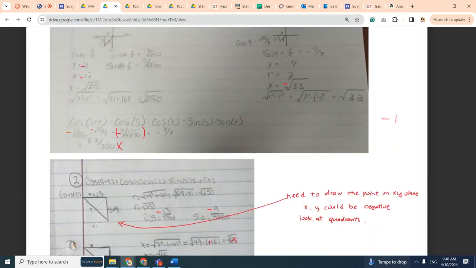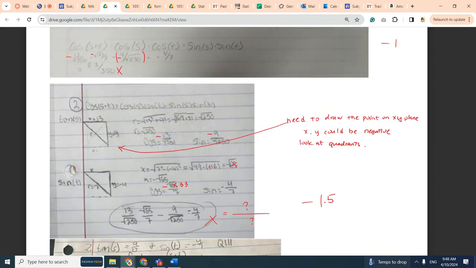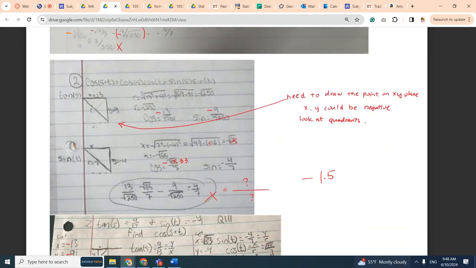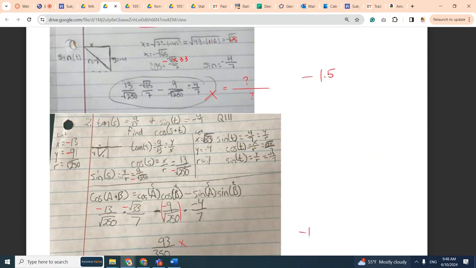So here, missed the minus sign. Third quadrant, x and y both negative. Here, look at me. Make sure you draw the point on the xy plane. Do not just draw the triangle, because the triangle does not tell you whether the side is positive or negative. So you need to look at the quadrants. Okay? So be careful.